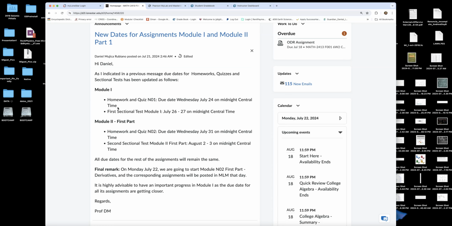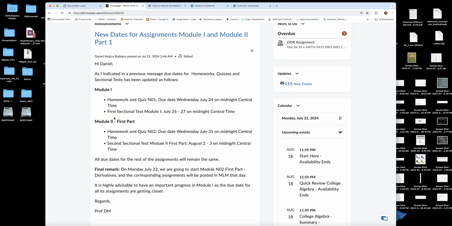Remember that the homeworks are open the whole semester, but whatever is delivered after Wednesday 24 for the homework of module 1 is going to have some penalties. If you go to your syllabus, you can see the detail. If you have any doubt about that, just let me know.